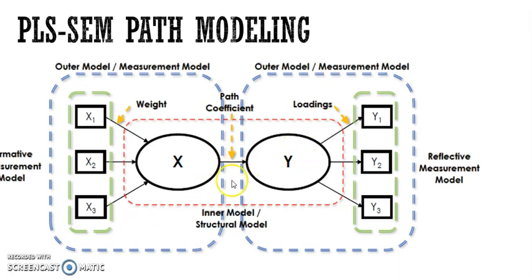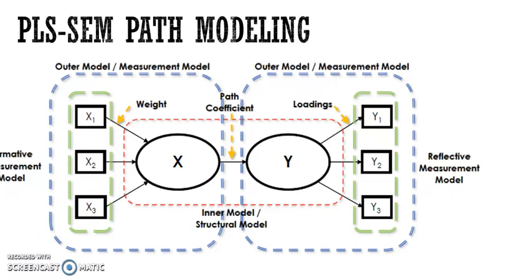First, there is a structural model, also called the inner model. It displays the relationships between the constructs. And second, there are measurement models, also referred to as the outer model, that display the relationships between the constructs and the indicator variables.